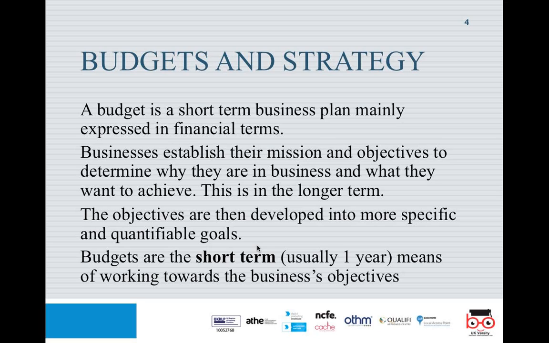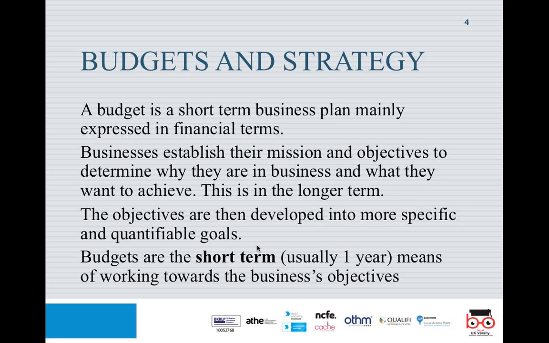A budget is a short-term business plan, normally expressed in financial terms. It's always short-term, and many short-term budgets add up to focus on the long-term budget. Businesses normally establish their mission, objective, strategy and vision to determine why they are in business.